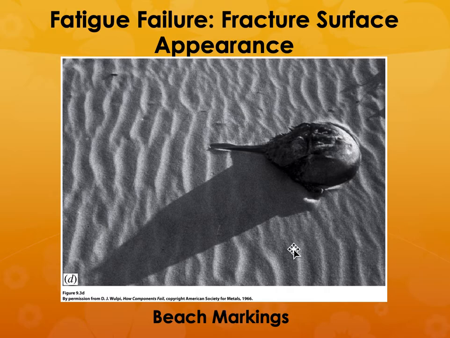So think of being on the beach. So these are called the striations or beach markings. If you see that kind of a marking on the fracture surface of a component, you can very safely assume that it is due to fatigue failure.